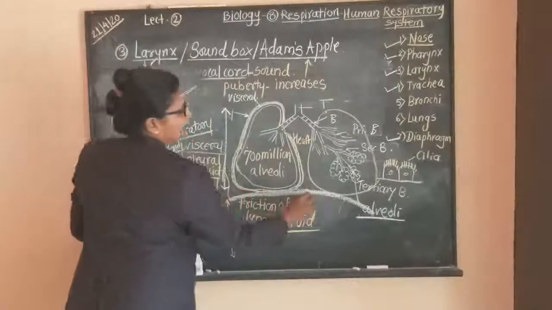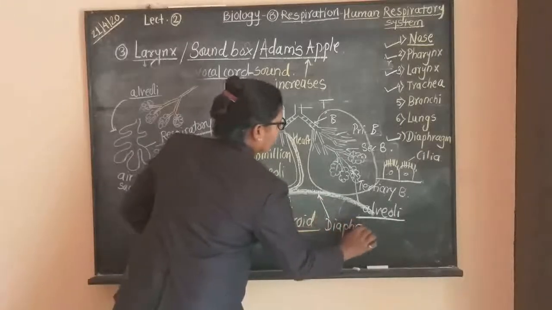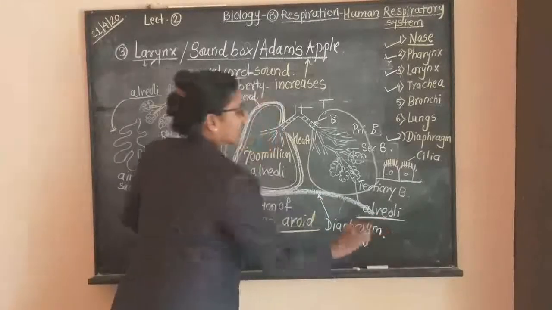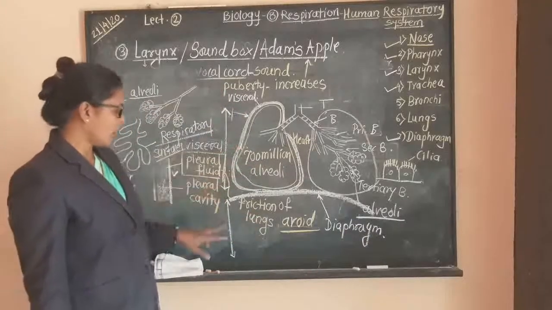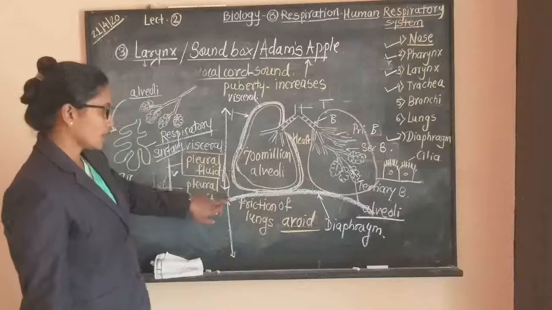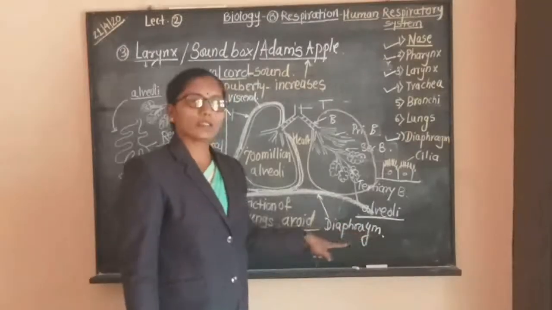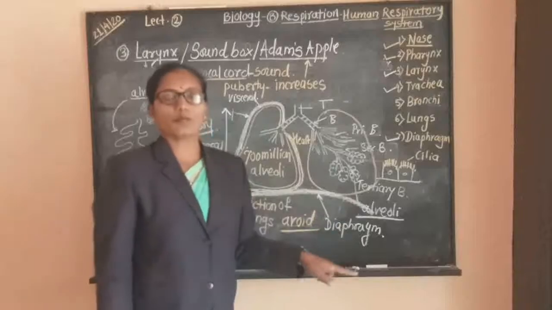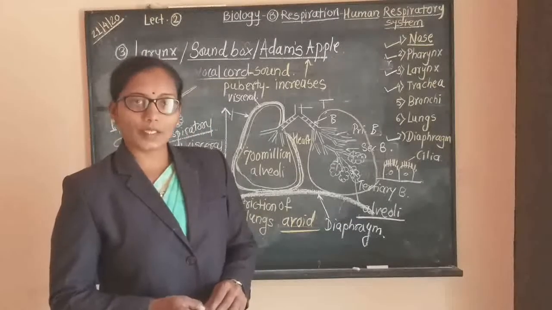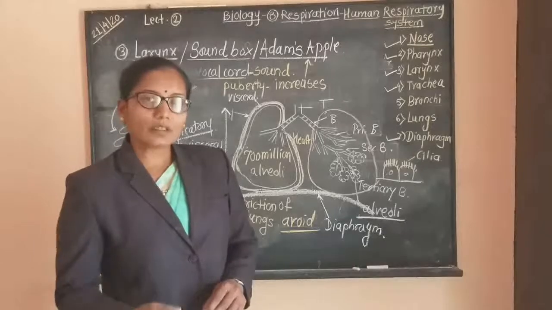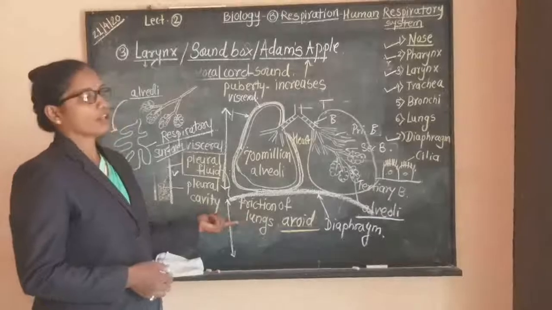This muscular septum is called the diaphragm. What is the diaphragm? The thoracic cavity and abdominal cavity are separated by a partition, and this partition is called the diaphragm. This diaphragm performs an important role during the mechanism of breathing, which will be studied in the next lecture. Now let us revise in short.